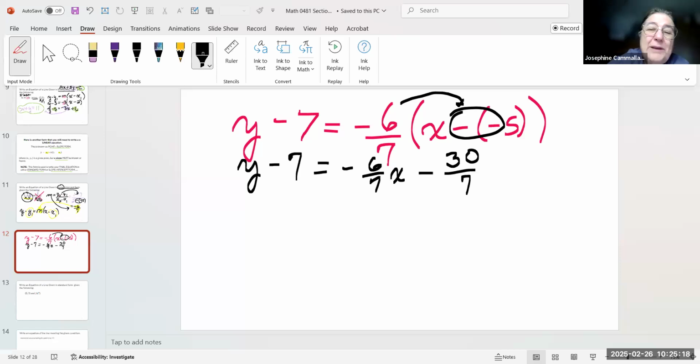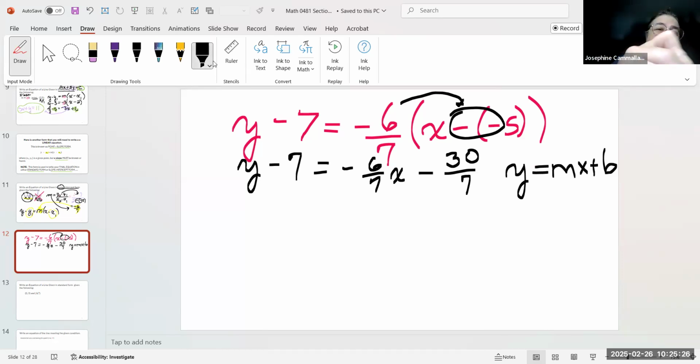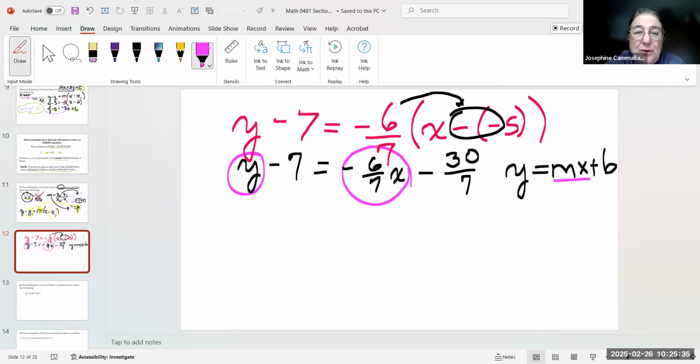Okay, slope-intercept is y is equal to mx plus b. Well, I have the y in the right place. I have mx in the right place.